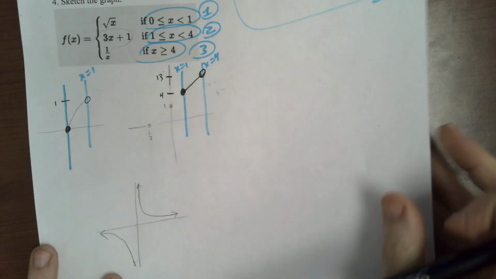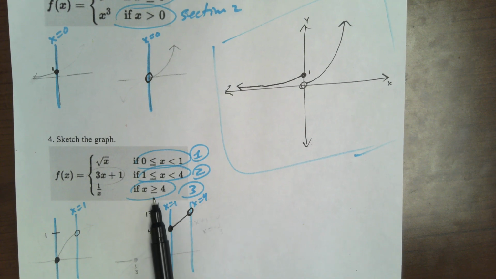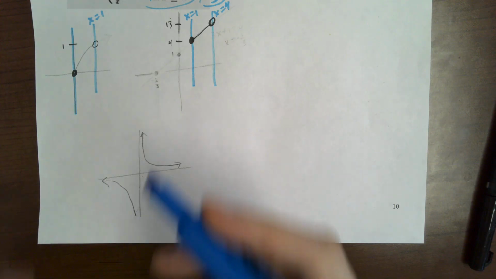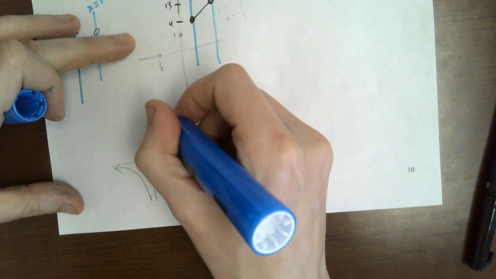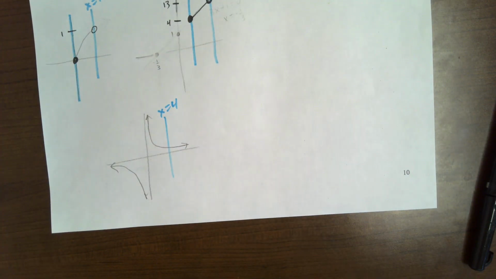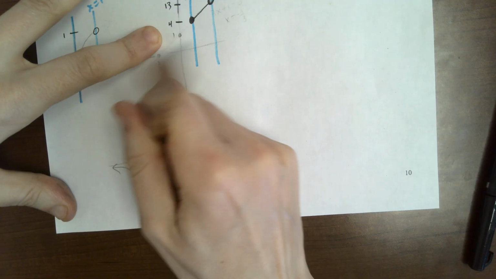Great. Okay, and now this one, we are only using beyond 4. For x is greater than or equal to 4, we're only using that last section. So the third section only has one border, and it's x equals 4. And we're only using everything that is past it.